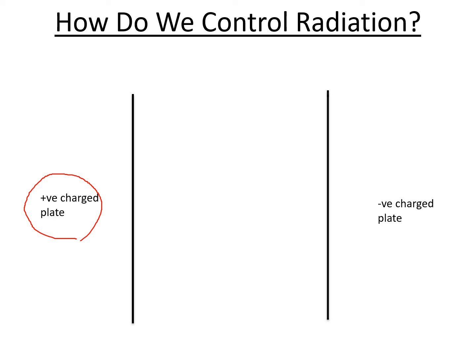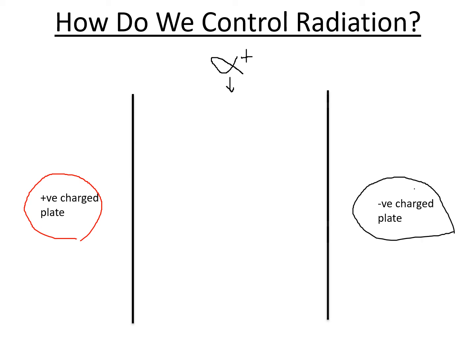But you could imagine if we have an alpha particle, and we shoot the alpha particle in at the middle, so remember this is the symbol for the alpha particle, and the alpha particle is positively charged, so I'm just going to put a wee plus there to remind you of that. As it moves in, what do you think is going to happen to this alpha particle? Well, one plate is positively charged and one is negatively charged.